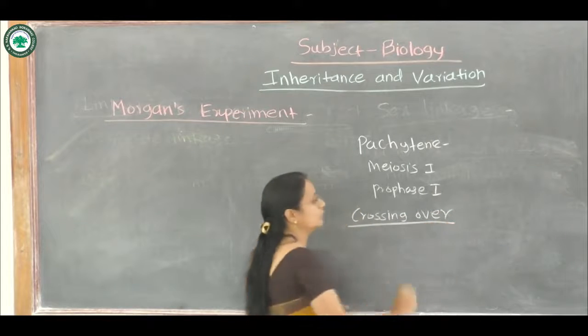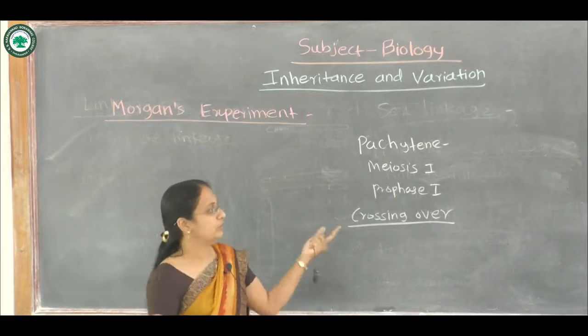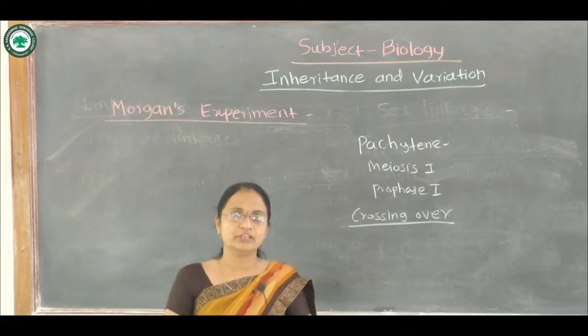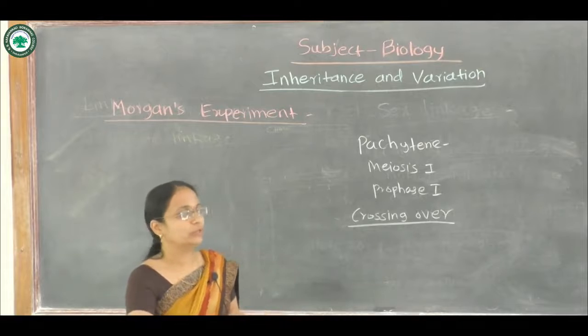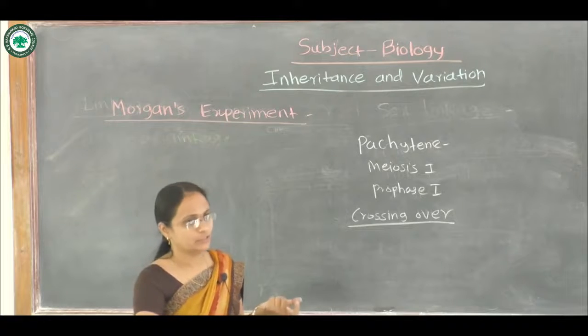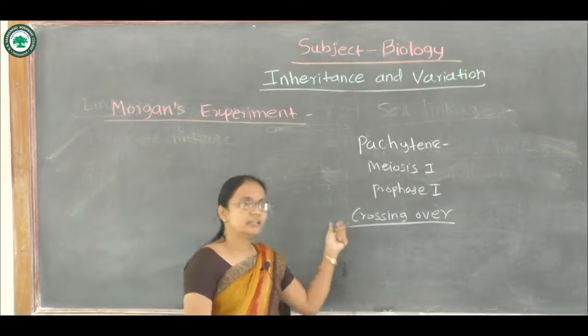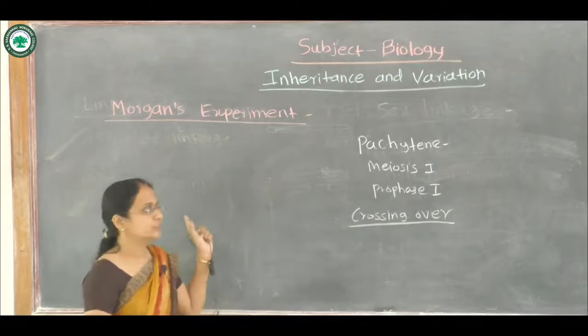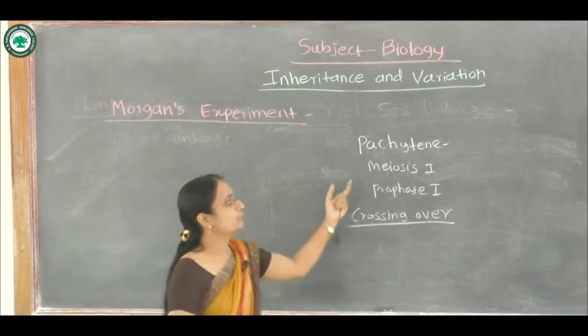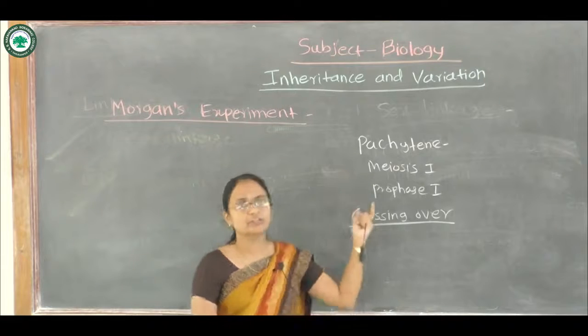This crossing over is the phenomenon in which a new combination of genes gets formed and the parental combination gets changed. This thing is explained by Morgan in his experiment. That is, the crossing over is possible because of meiosis, because of this pachytene.